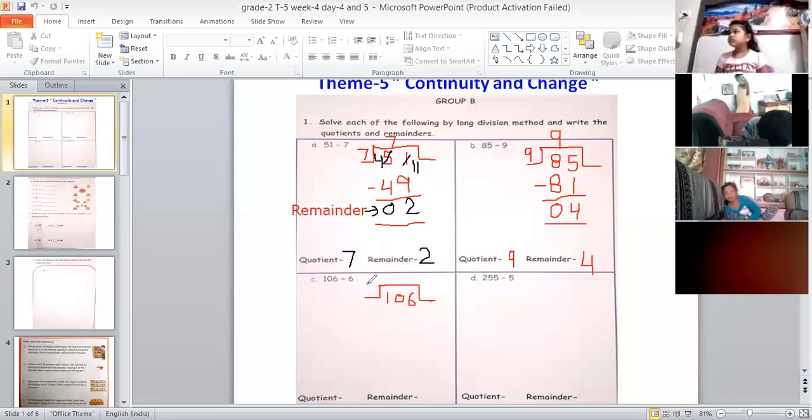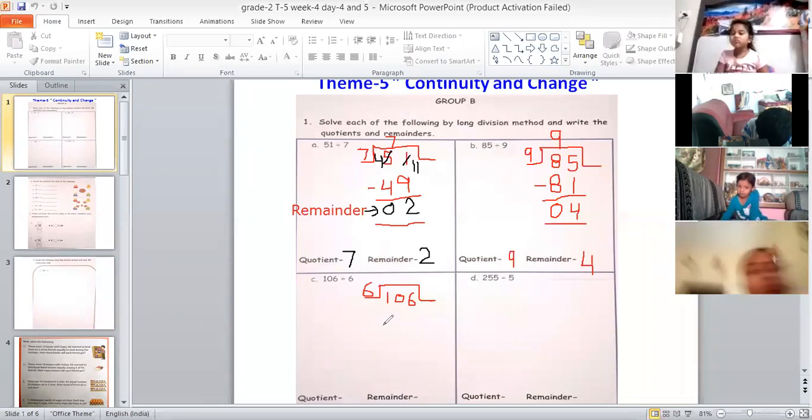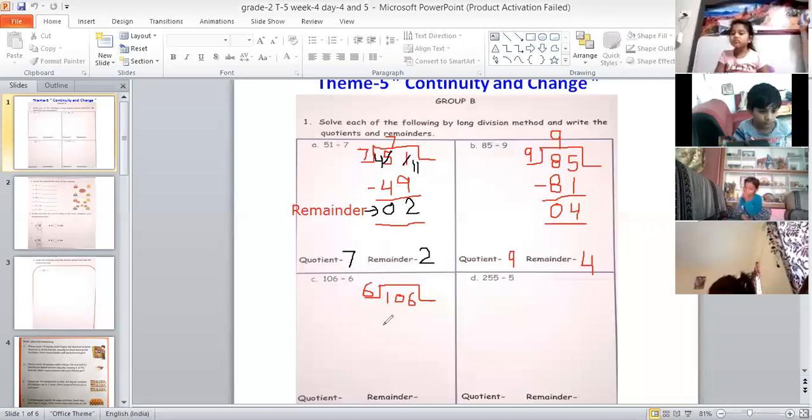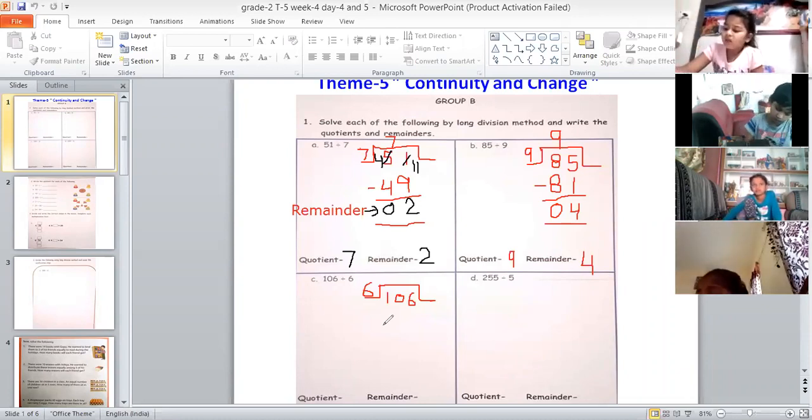Okay, now Krishika, you tell me, will we take 1, or will we take 10, or will we take 106 together? Ma'am, we will take 1. Okay, can we get 1 in the 6 table? No, ma'am. Then what will we do?